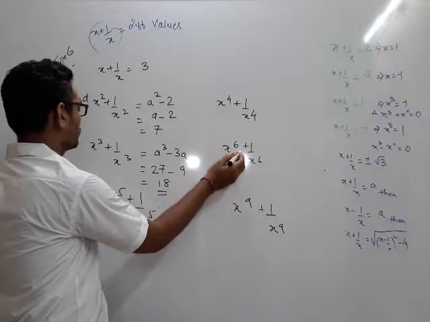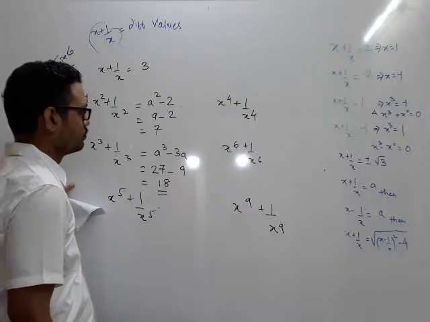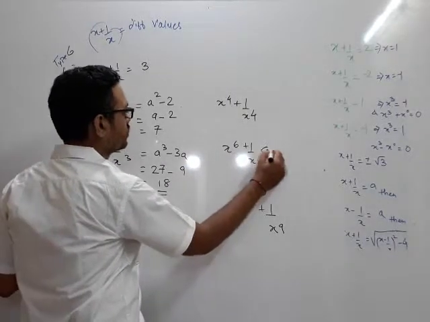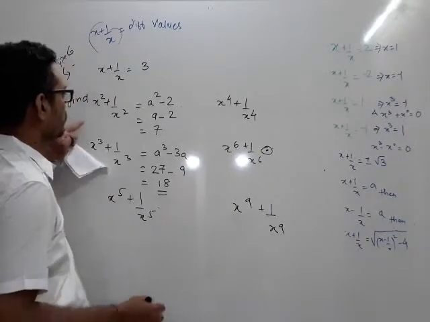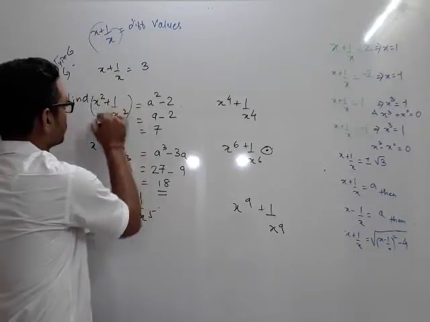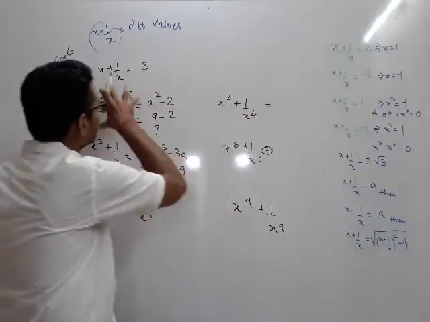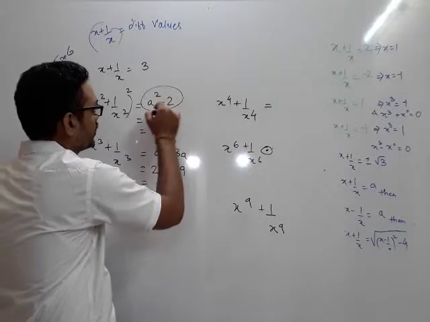What is x raised to 6 plus 1 by x raised to 6? We'll do this later. What is x raised to 4 plus 1 by x raised to 4? It is the square of this term. Any term is given whose square is to be found, what is the formula? a square minus 2.